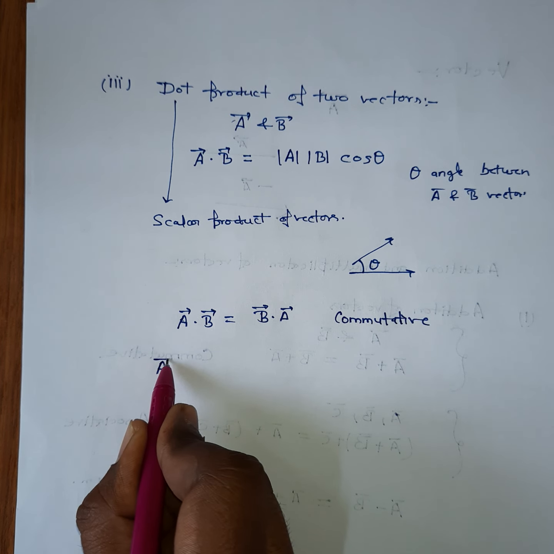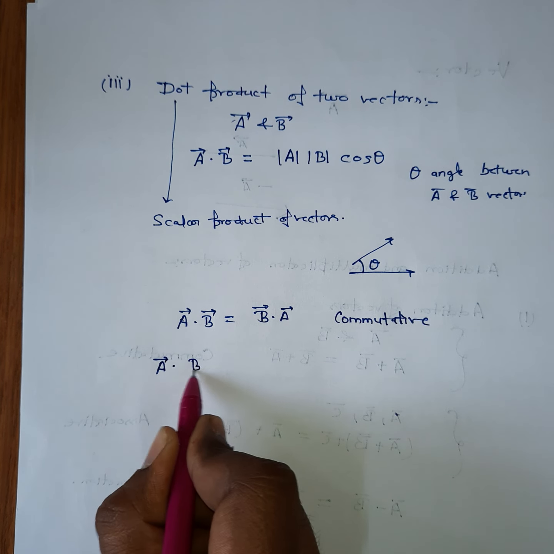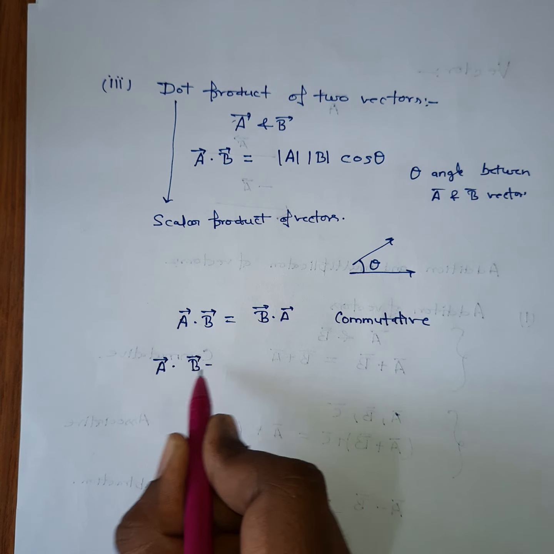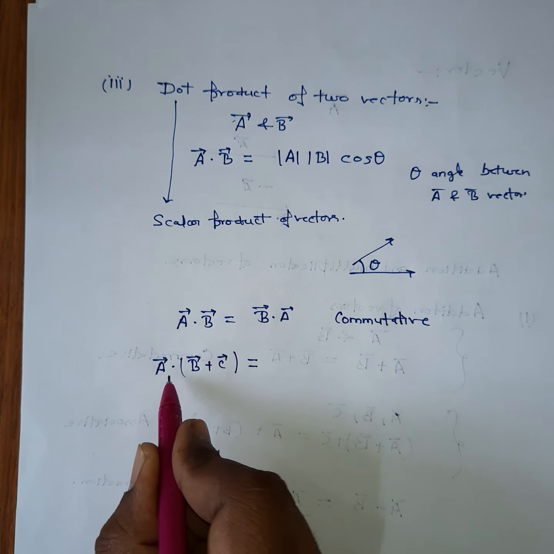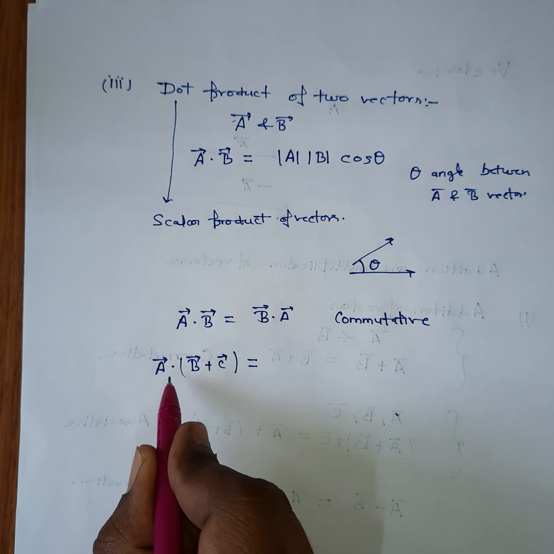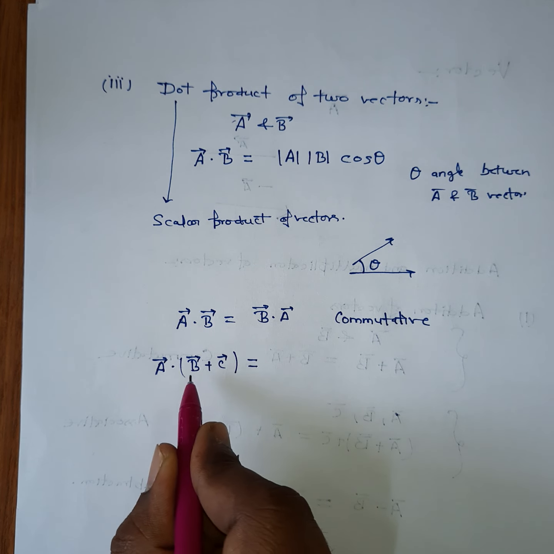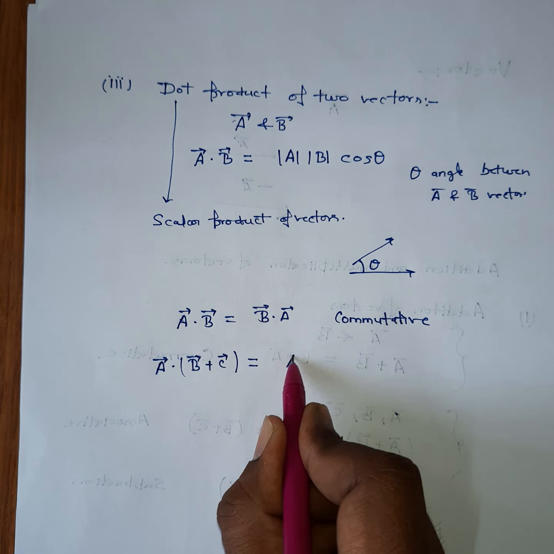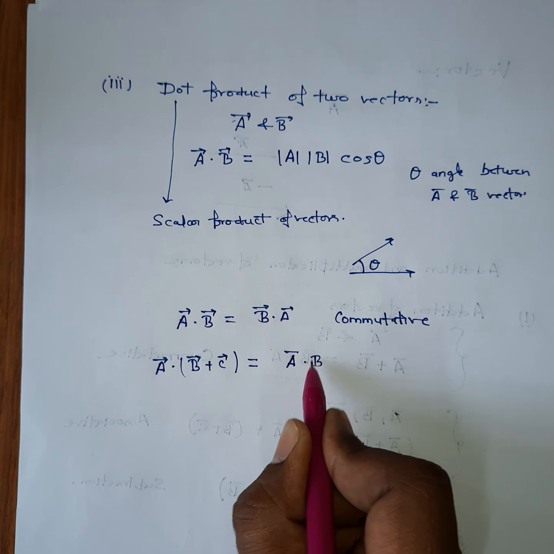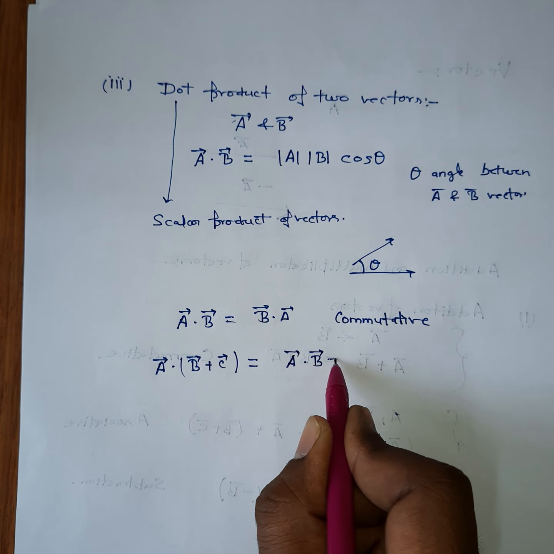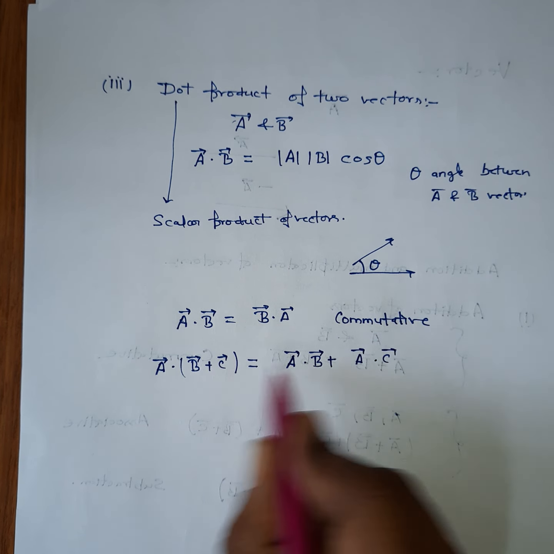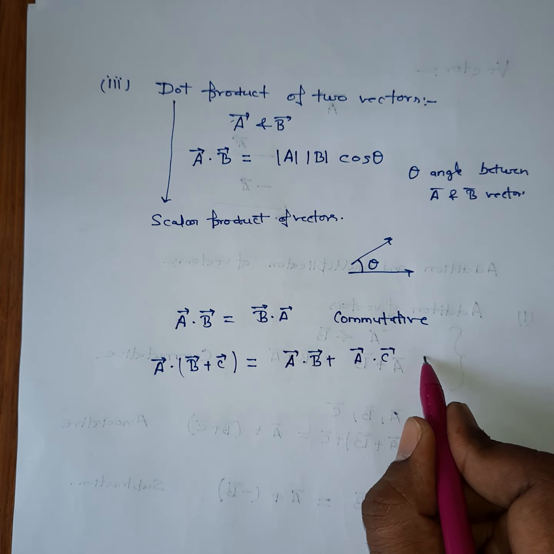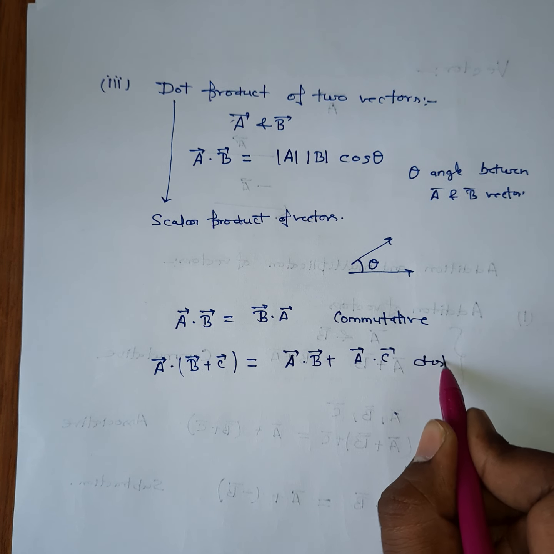Suppose there are three vectors, A, B and C, distribution over addition of vectors. If you are taking the dot product of one vector with the addition of two vectors, then you will get A vector dot B vector plus A vector dot C vector. So you can say here it is distributive.